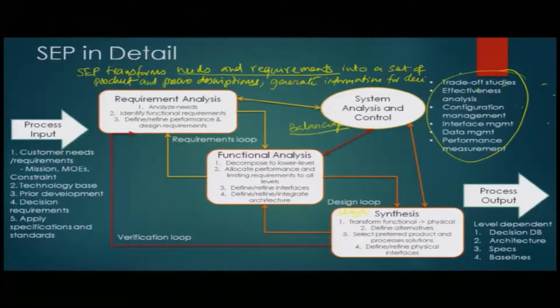And the process outputs are dependent upon each individual level. As I told you, systems engineering is applied to each individual level and you move in a hierarchical fashion, top down from one level to another. So depending upon which level you have, your process output might be different. It could be a decision database at certain levels, it could be the architecture of the product, it could be the set of specs which could be used to specify this is a product, for trade shows and other stuff.